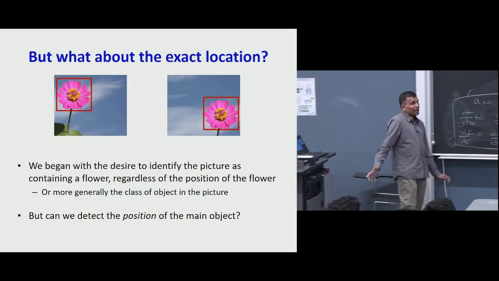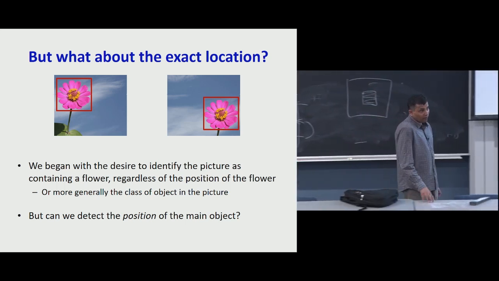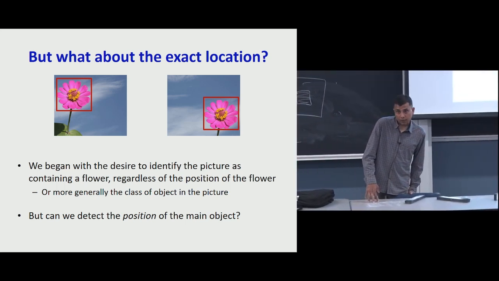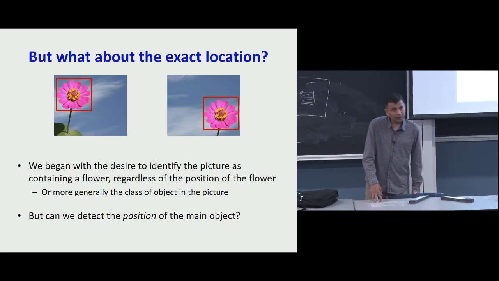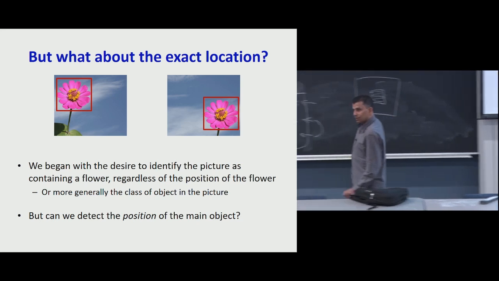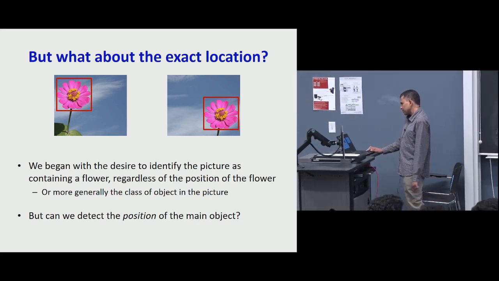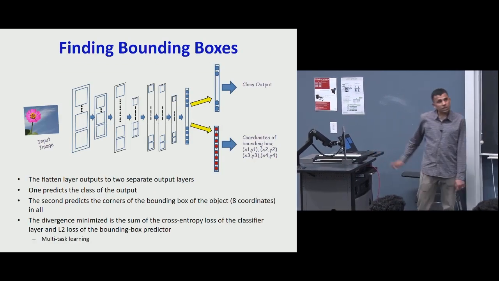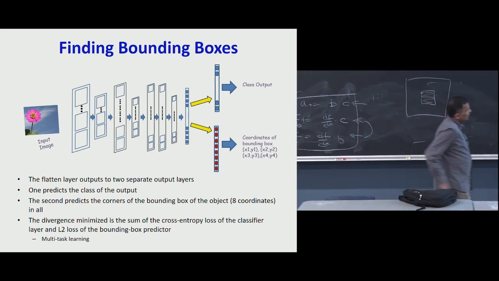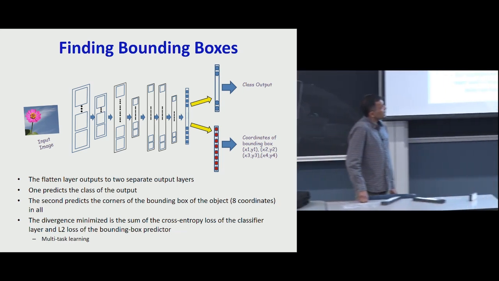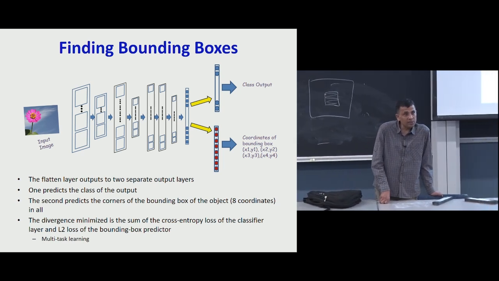Now, what about the exact location? I'm scanning for flowers. I've found that this picture has flowers. Where are the flowers, right? That was never answered. Now, it turns out you can actually do something simple. I can find the bounding boxes. If there's only one flower in the image, then I can take the final representation and add an extra layer, which produces a bunch of outputs.